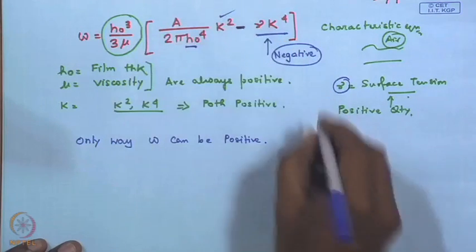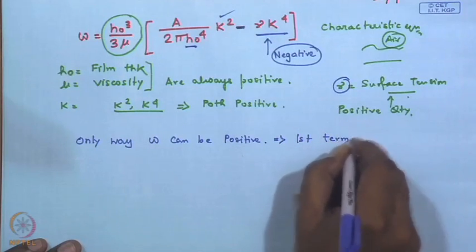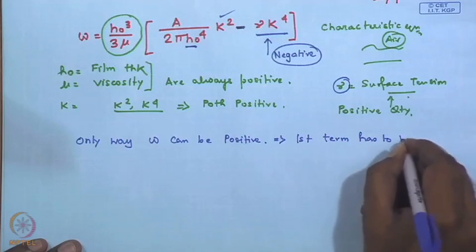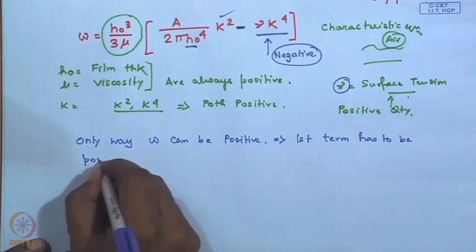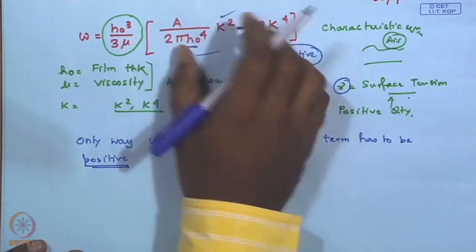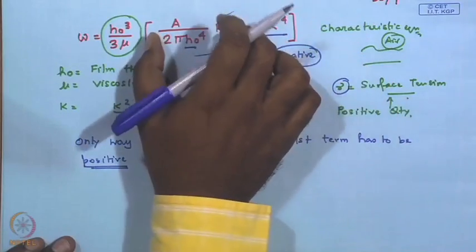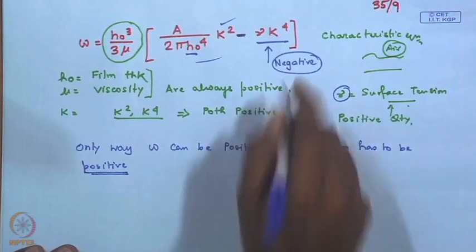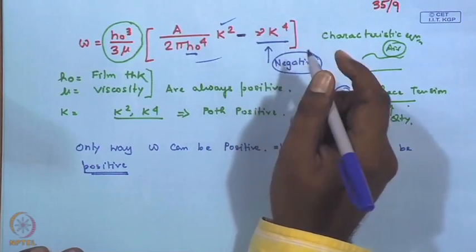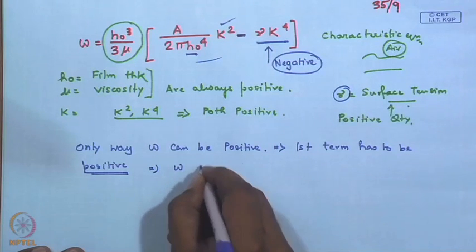is if this first term is positive. Only then this term is positive and this term is negative. If the magnitude of this particular term is higher than the magnitude of the second term, then only omega can be positive.